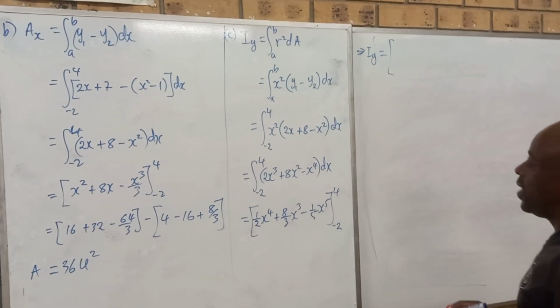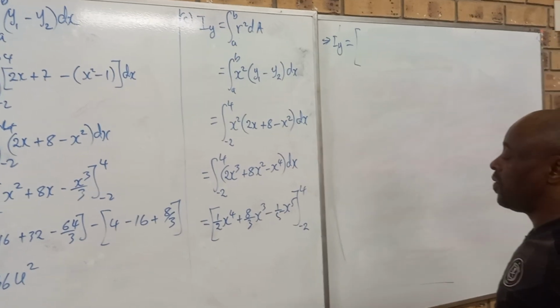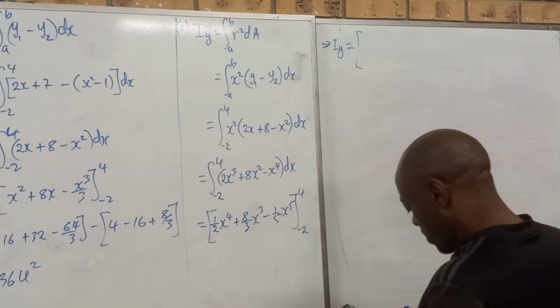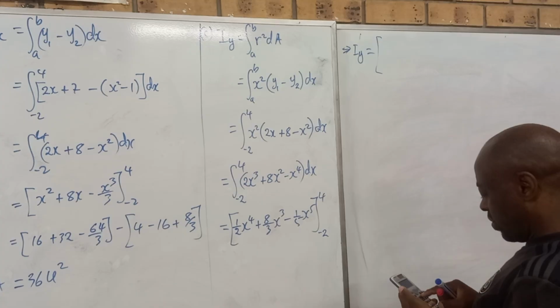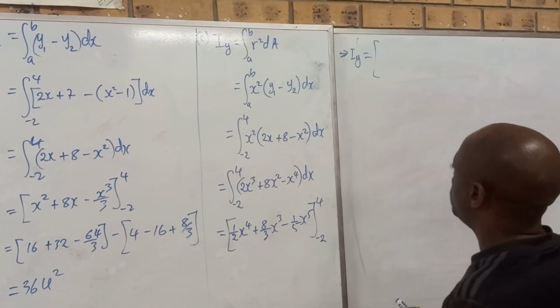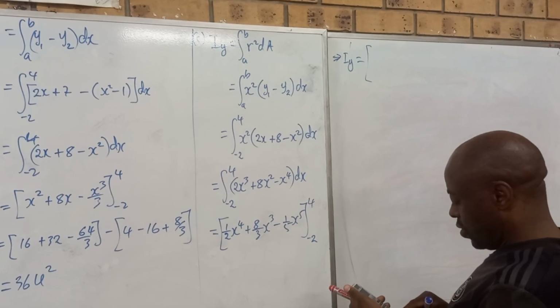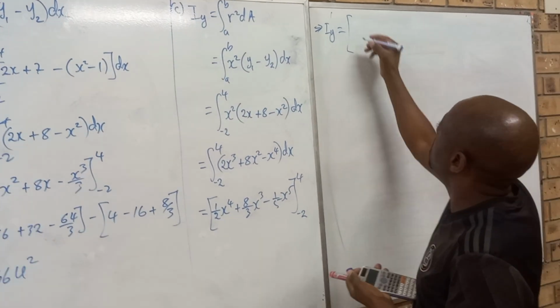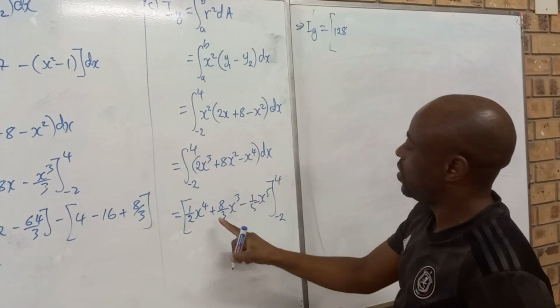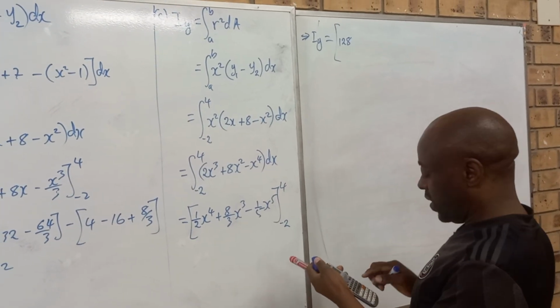So we can continue with this side. If we substitute the upper limit, we need 4 to the power 4. That gives us 256 divided by 2, gives us 128. So we have 128. We're going to put 4 there. 4 cubed is 64.